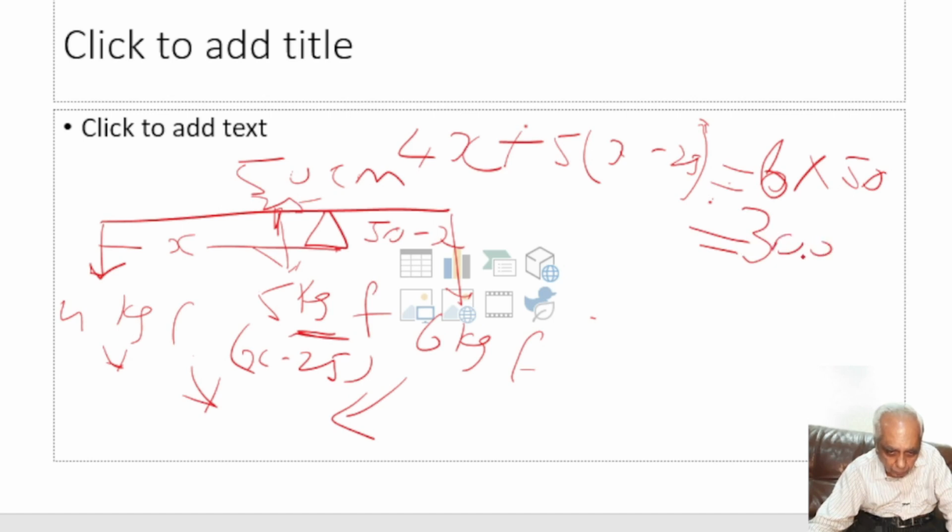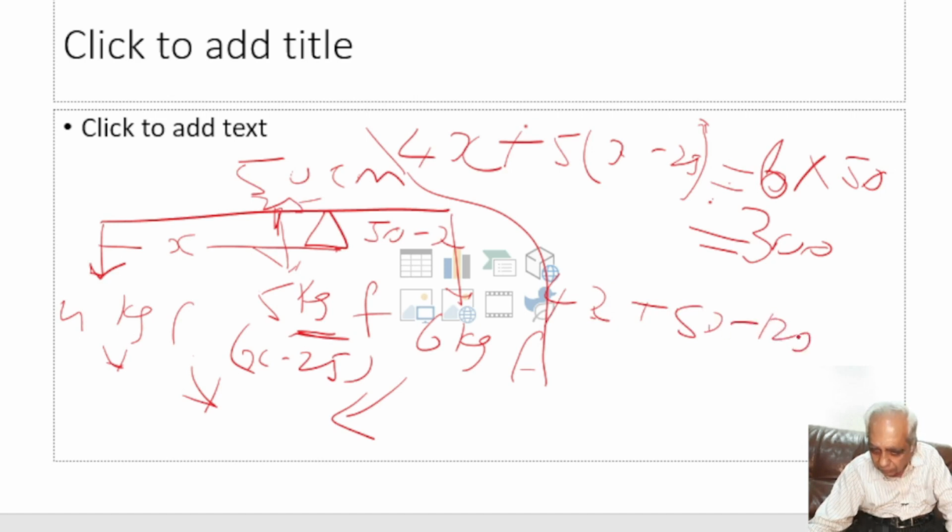And this you can solve. Now this is simple algebra. 4x plus 5x minus 125. Sorry, this would not be 50, the distance is 50 minus x.